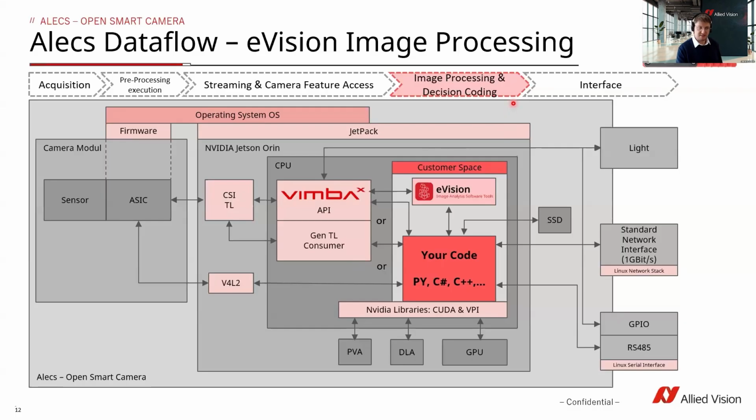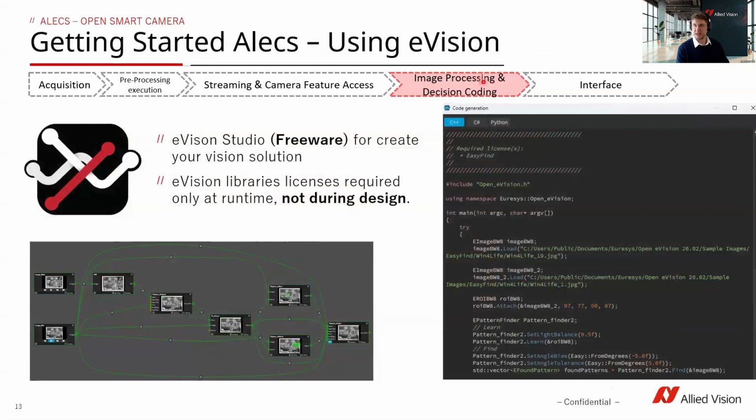Talking about eVision, so if you want to use some image processing and want to have some decisions by yourself, I want to explain a little how this is running. So firstly, we have a studio, a freeware studio on our webpage where you can create your machine vision task inside. That means you can create based on a tool set, tool chain, and kind of a graph where you combine different things.